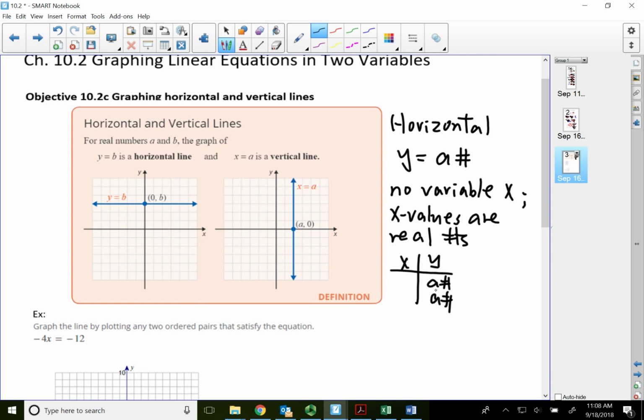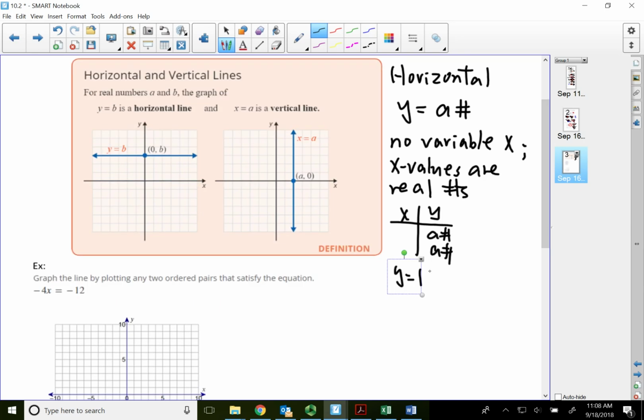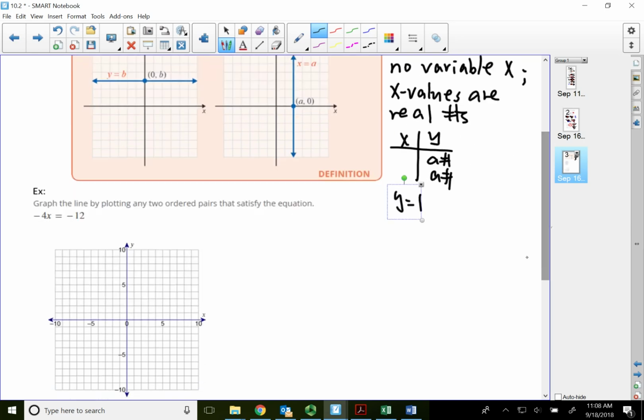If I pretend y is equal to 1, think about where y equal to 1 is on the graph. To get there, I simply go up 1. If you go to the right one, up 1, the y value will also say 1.